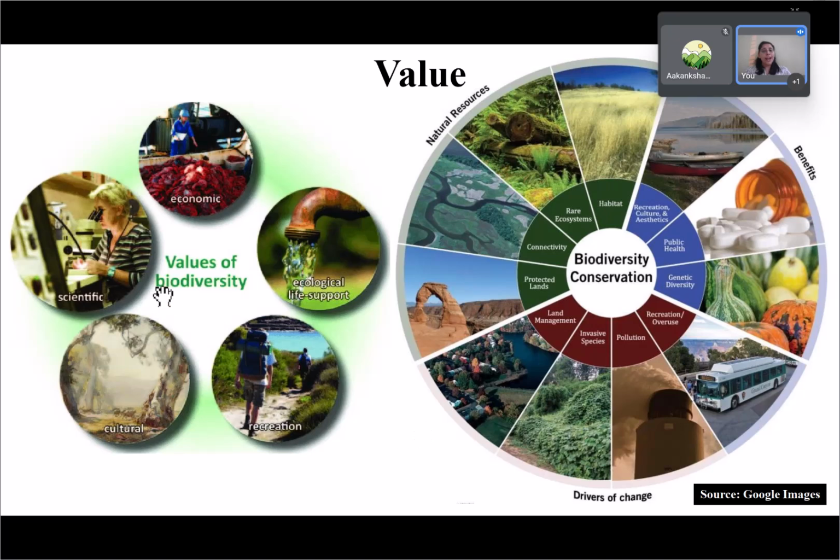So, what kind of values does biodiversity have? You have money, economic, you have scientific, that is for research purposes, you have cultural. People are associated with nature in many cultural ways. You have recreation, you have ecotourism these days, a region which people go to for recreation, and you have ecological life support.